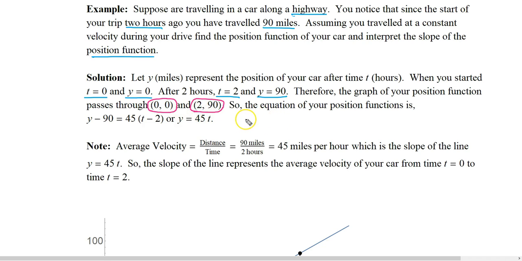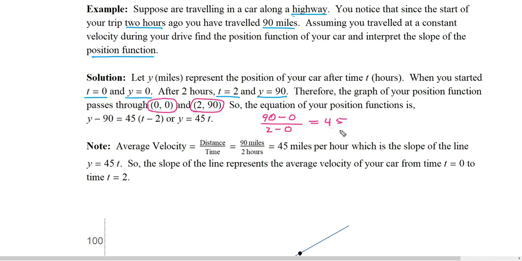So now we can find the equation of our position function as follows. We just have to find the slope of the line between these 2 points. Well, the slope is going to be 90 minus 0 divided by 2 minus 0, and that is 45.